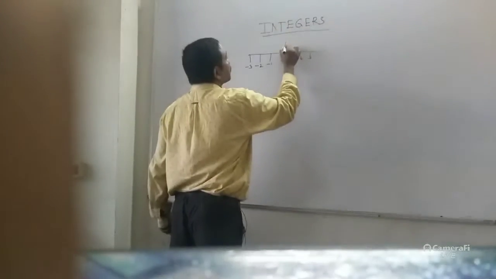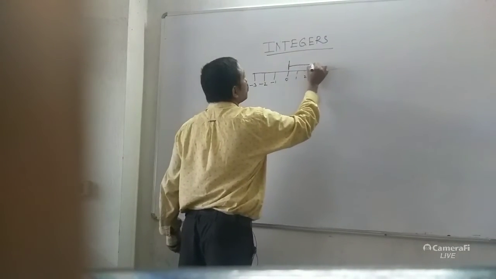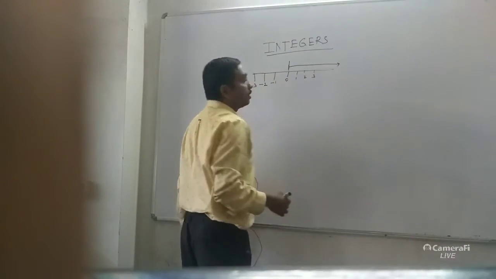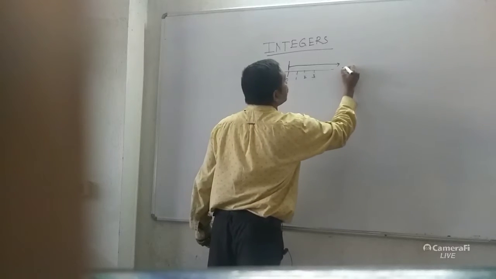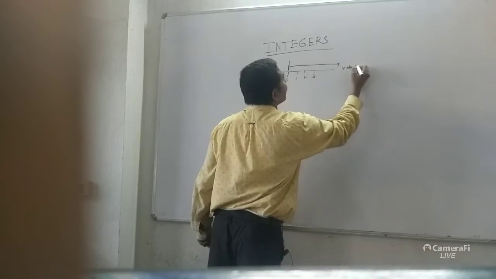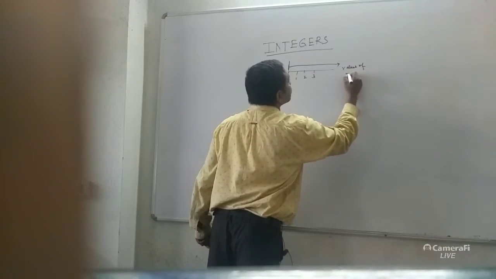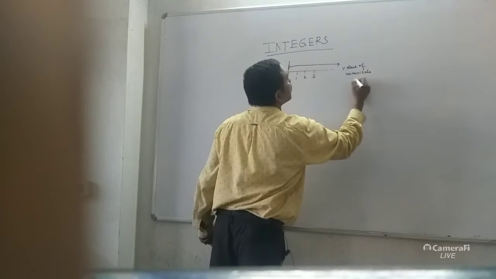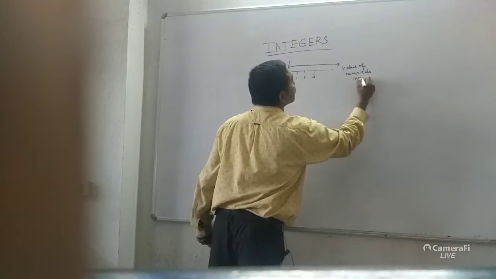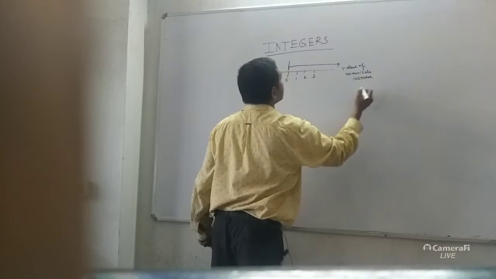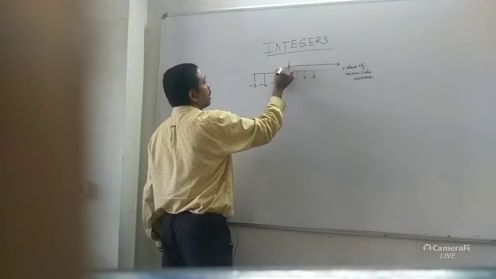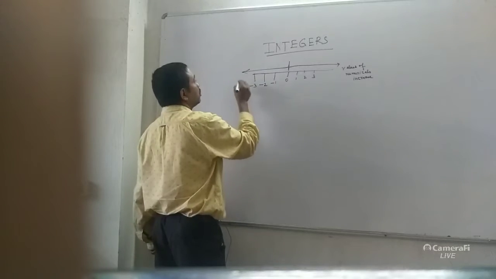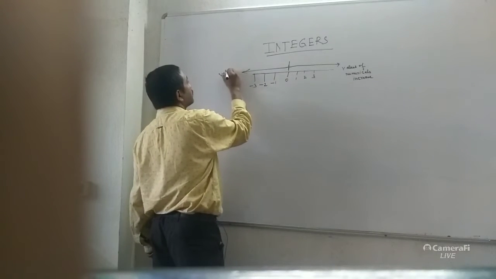Starting from 0, which has no sign, you see that the values increase, and whenever you go to the left side of 0, the values decrease.